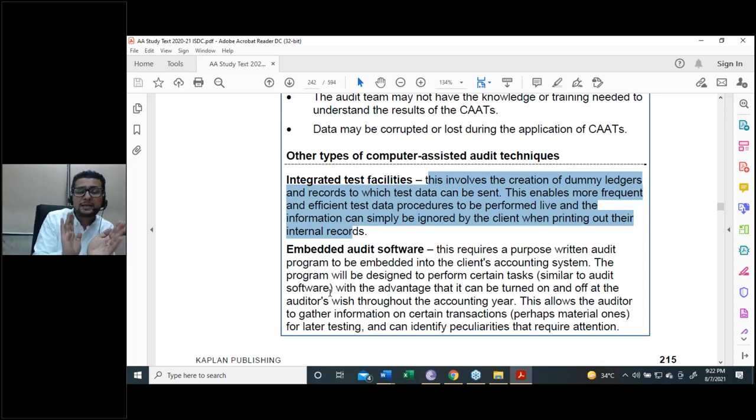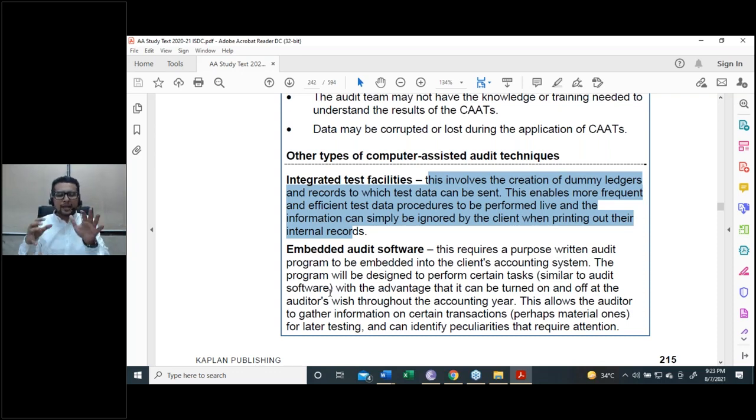They are dummy ledgers run parallel to the main system of the company. What's the advantage of these dummy ledgers? Not at the year end, but on an ongoing basis, on a monthly basis, on a weekly basis, on a quarterly basis, on a surprise level, any given day, I can enter a few dummy transactions and I will check how the system is operating, whether the system is operating effectively or not.